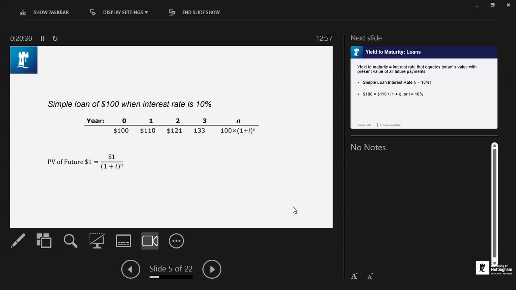Compounding. Very good. So earning interest on interest is what we call compounding. So if you invest $100 and that investment pays 10%, you can work out the future value that you're going to get in, let's say, n years, right?